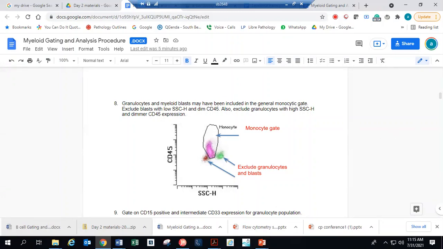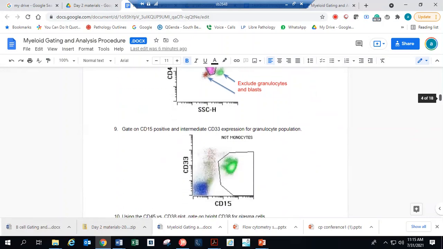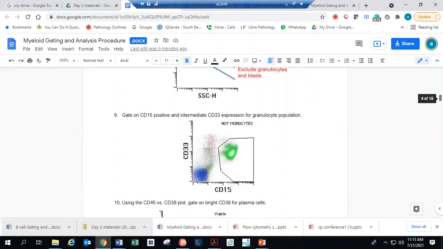Once you have gated that, you have to exclude the granulocytes and blasts. This is more of what is done by our technicians, but it is something that will help you all the way.